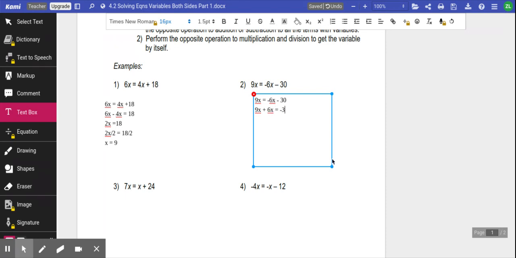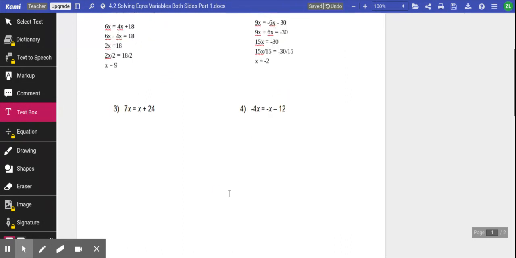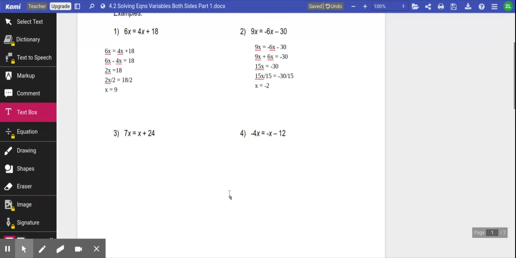So 9x plus 6x is 15x equals negative 30. To get x by itself, we have to divide both sides by 15, which gives us x on this side and negative 2 on the other.